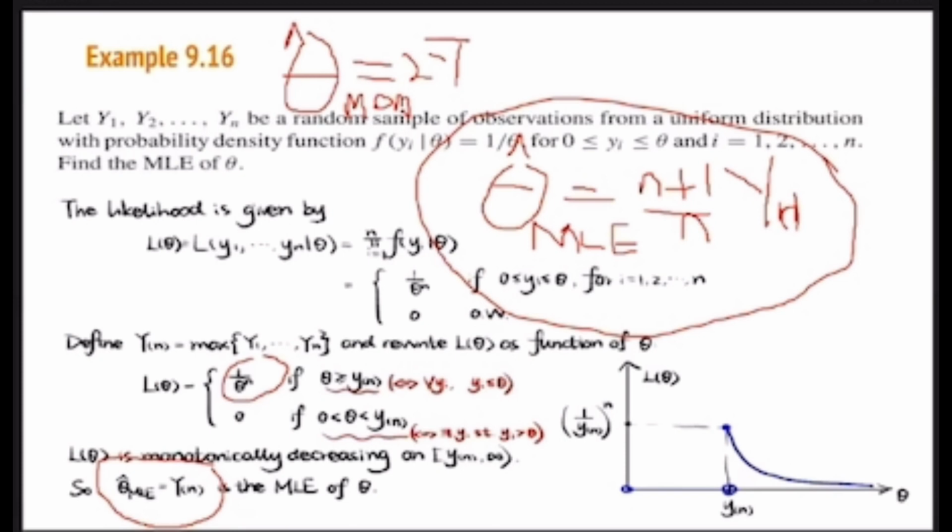What about the other one? Before you can get the variance of (n plus 1 over n) Yn, it's going to be (n plus 1 over n) squared times the variance of Yn. Then you need to first use the formula of maximum order statistics to get the expected value of Y, to get the variance of Y before you plug in here.